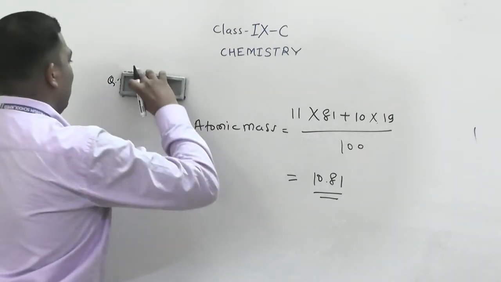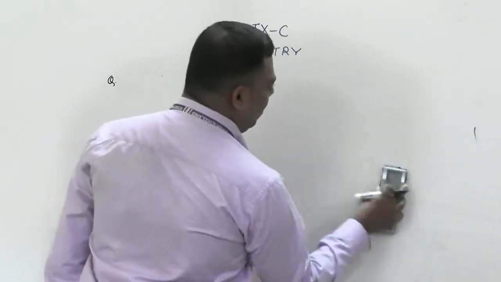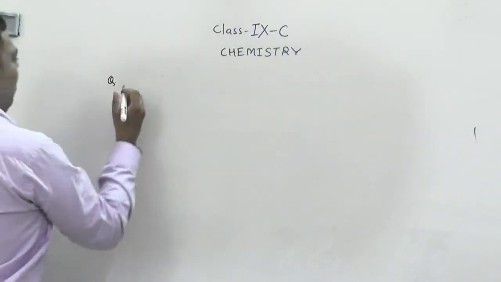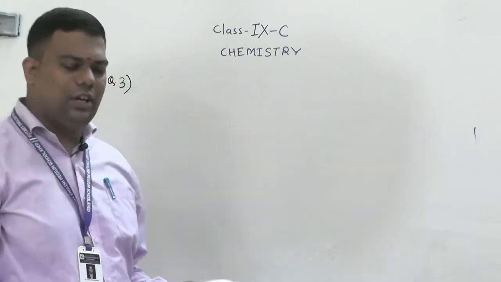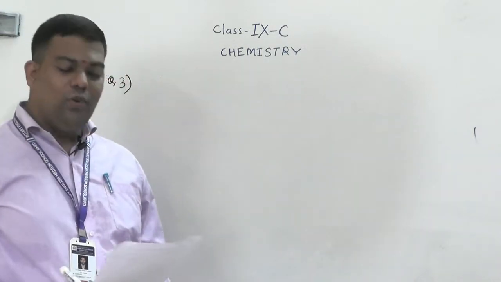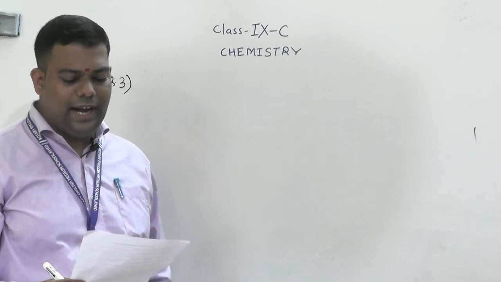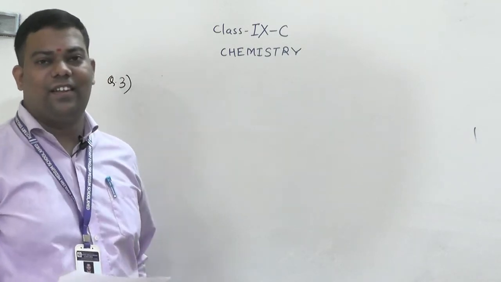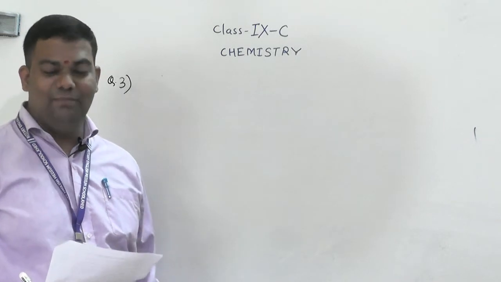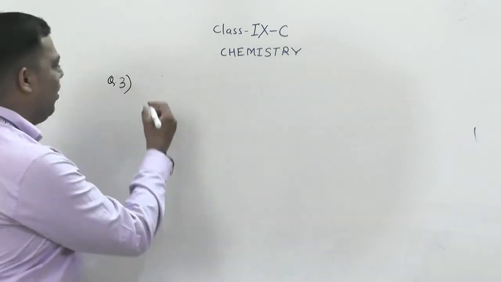Now we will move towards question number three. Here in question number three, you concentrate on this. See, how many gram atoms are there in 8 gram of sulfur? How many gram atoms?